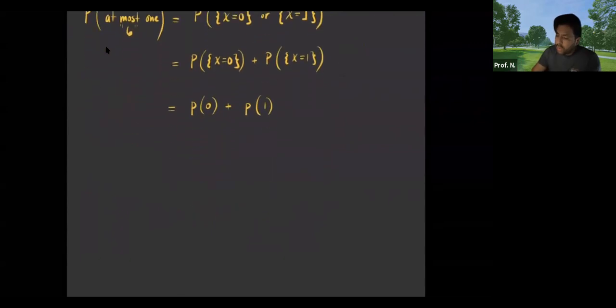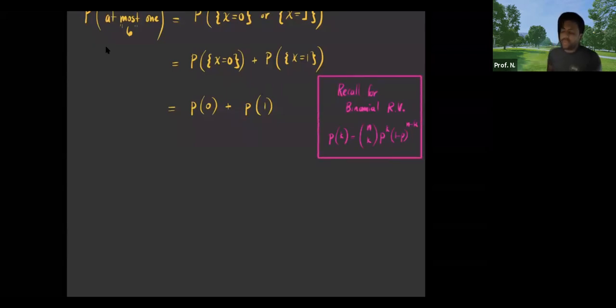So recall for binomial random variables, the probability that you get k is the binomial coefficient n choose k, p to the k power, 1 minus p to the n minus k power. This is something that you have to remember about binomial random variables. That's the probability mass function.